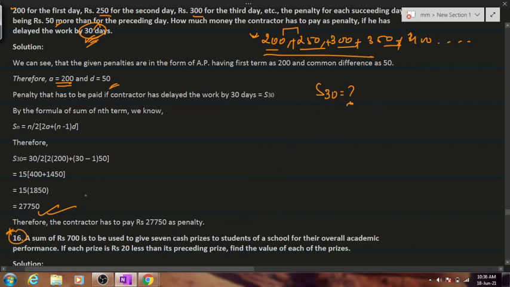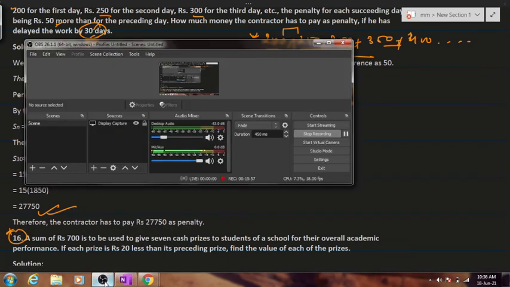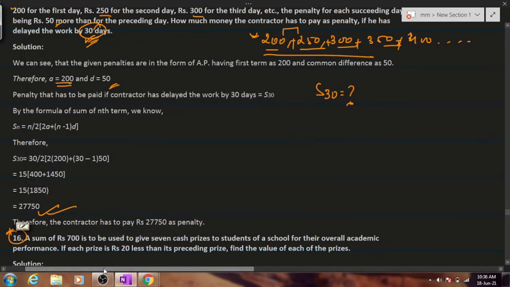People who are done with this will try out question number 16. Clear? Again, some time will be given to you, which is exactly 2 minutes. After that, we'll start discussing the solution. Before that, you try out this one. And people who are not done with the previous numerical, kindly go through it once and ask me if you have any doubts.